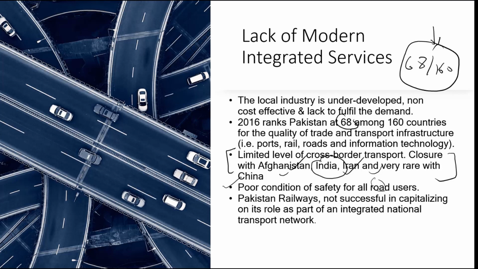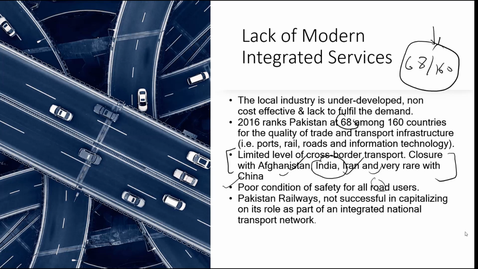And if we try to understand Pakistan Railways, Pakistan Railways has always had a significant network, but has not been successful in capitalizing on its role to play its part as an integrated transportation player.